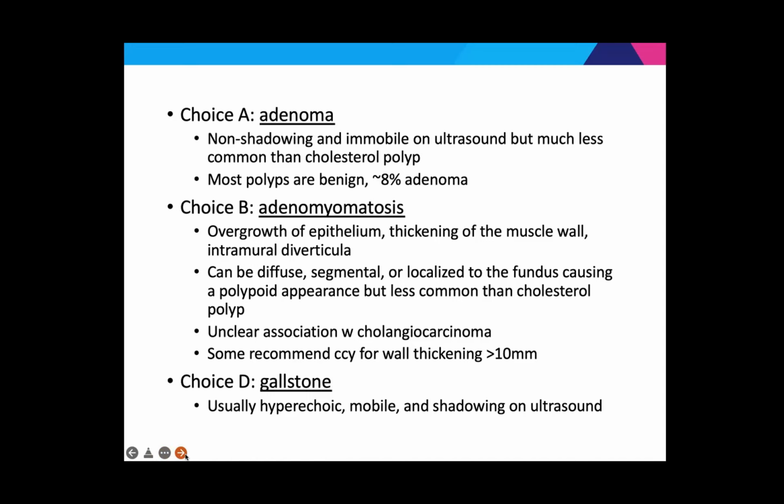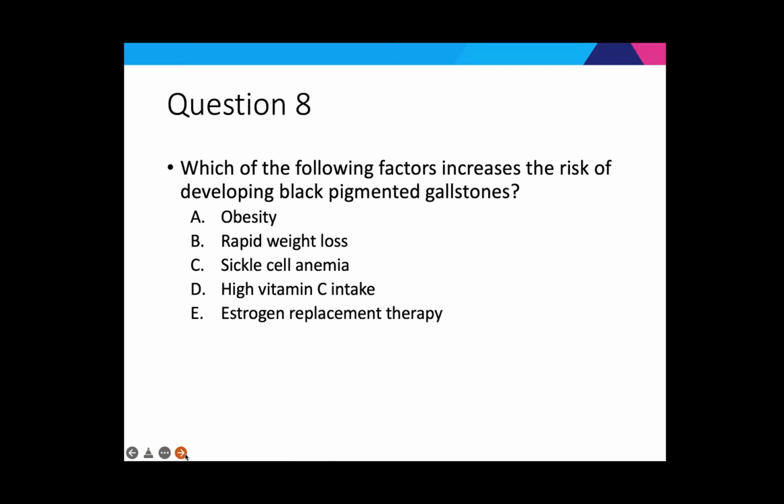Okay, question number 8. Which of the following factors increases the risk of developing black pigmented gallstones? Is it A, obesity, B, rapid weight loss, C, sickle cell anemia, D, high vitamin C intake, or E, estrogen replacement therapy?